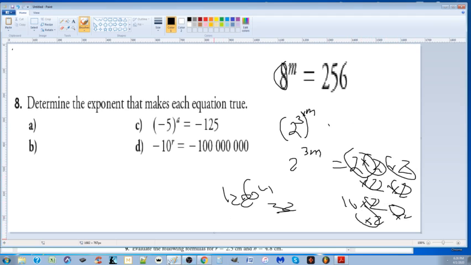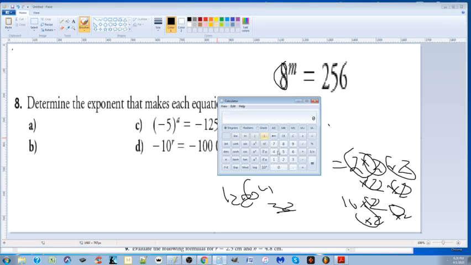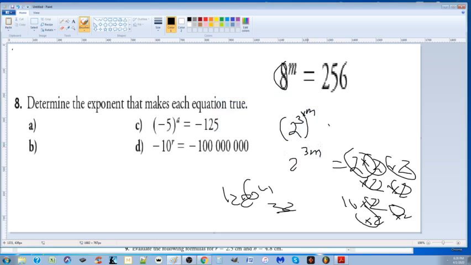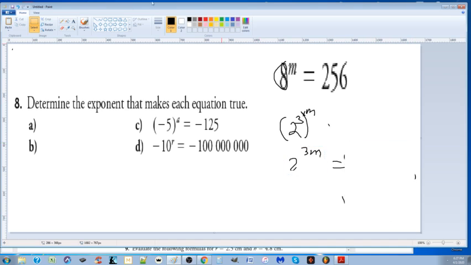Let's make sure and take our calculator and say 2 to the exponent of 8 is indeed 256. So now I've got 2 to the power of 3m equals 2 to the power of 8.